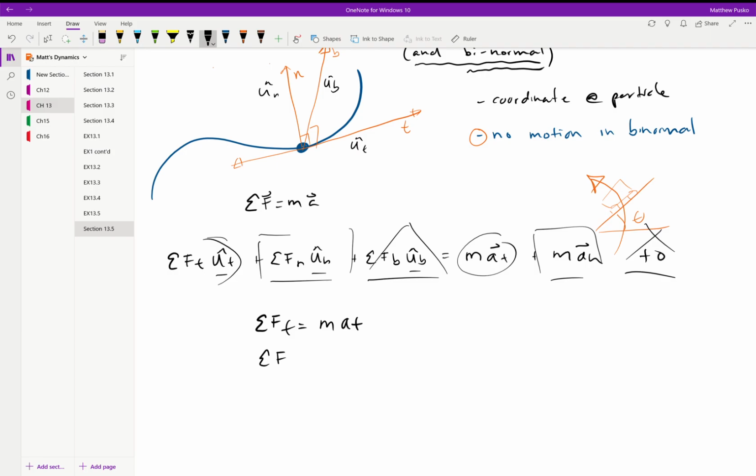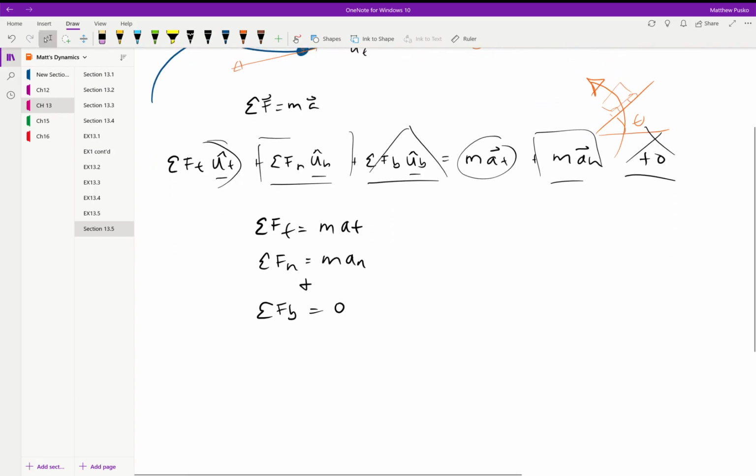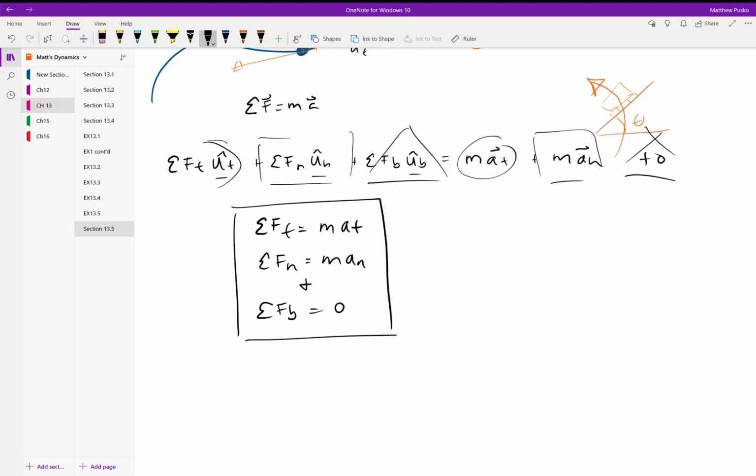The summation of the forces in the normal is equal to mass times the acceleration in the normal. And then we get one more. The summation of the forces in the binormal direction is equal to 0. And so we'll have to do some examples before that makes sense, in my opinion. Just off the top of my head, it doesn't make sense unless I showed you an example.